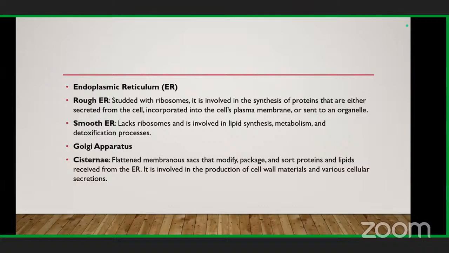Next is the Golgi apparatus. It has cisternae, flattened membranous sacs that modify, package, and sort proteins and lipids received from the ER.